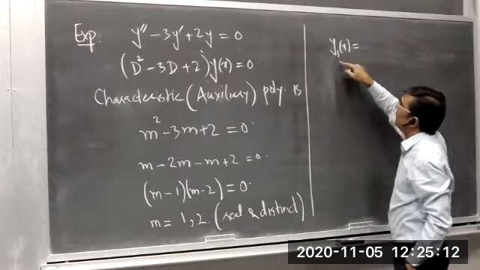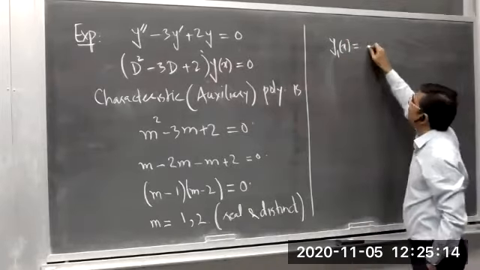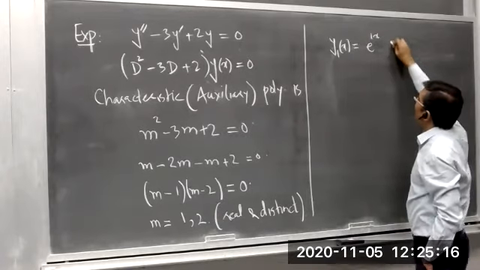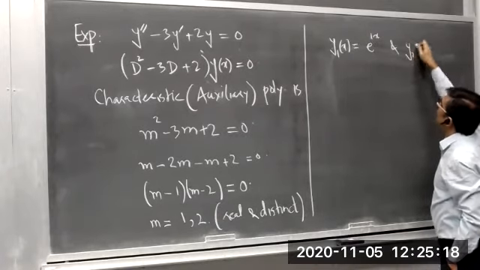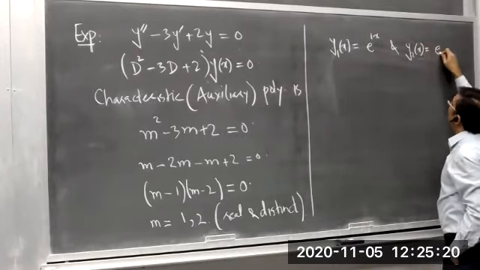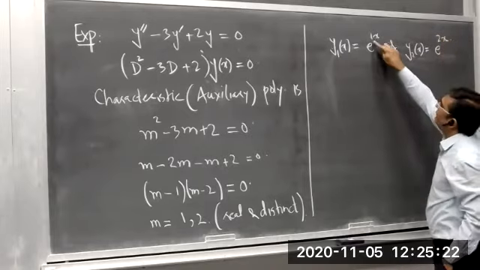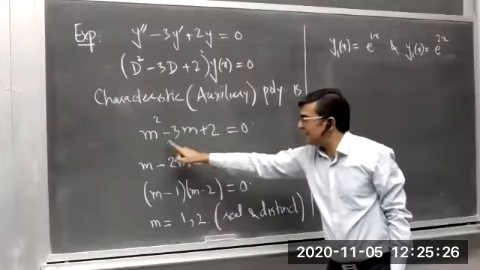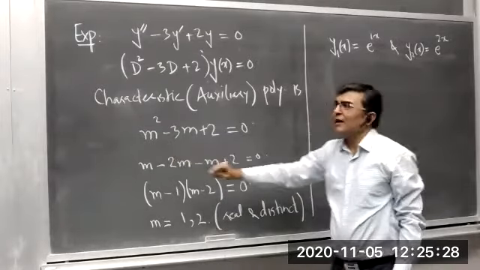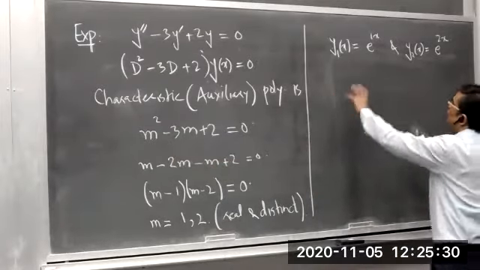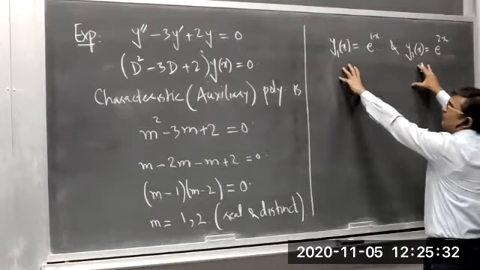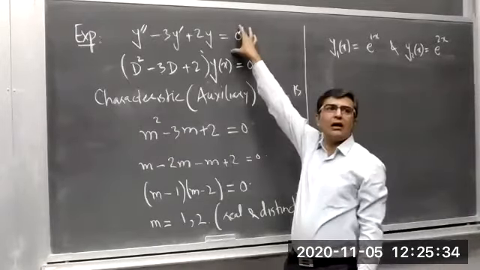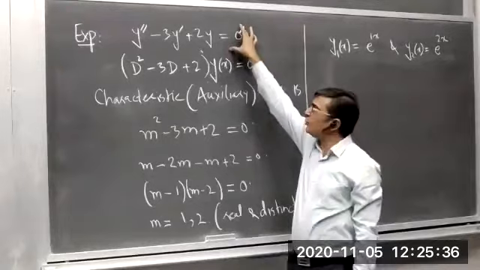The first solution is e raised power 1x, and the second solution is e raised power 2x. Here 1 and 2 are the roots of this characteristic equation. Now, if there are two roots, we obtain two linearly independent solutions of this second order homogeneous ODE.